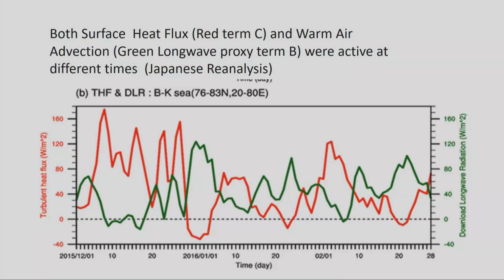Once it starts, there's some warm air moisture advection into the region shown in green, and as noted here, for the 2 following months, both terms are non-zero, and they add to the persistence of the pattern.